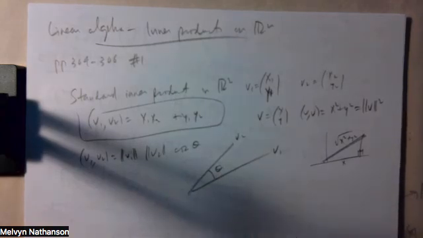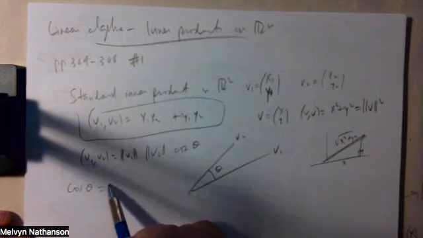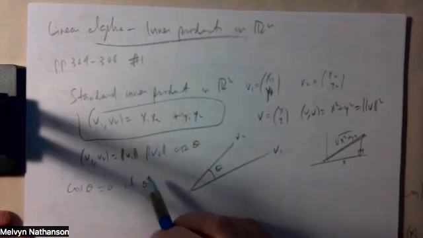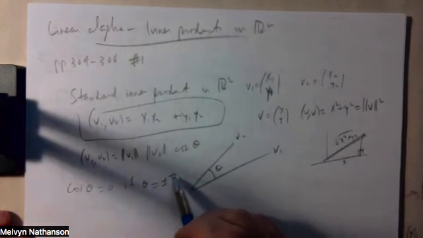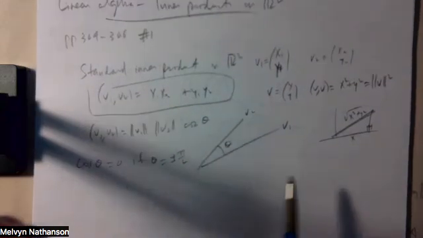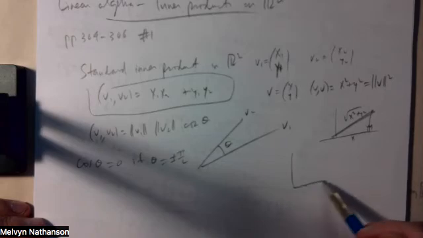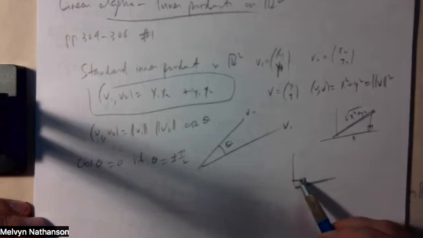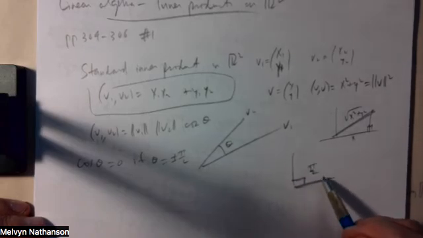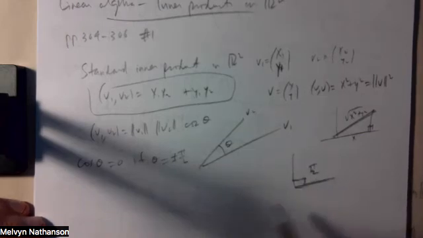Now, of course, you know that the cosine of theta is 0 if theta is, for example, plus or minus pi over 2 radians. So you can define now what it means for two vectors to be perpendicular, because two vectors are perpendicular if this angle is pi over 2, which is the same as the cosine being 0.